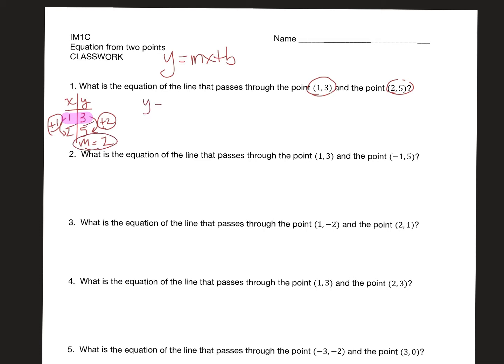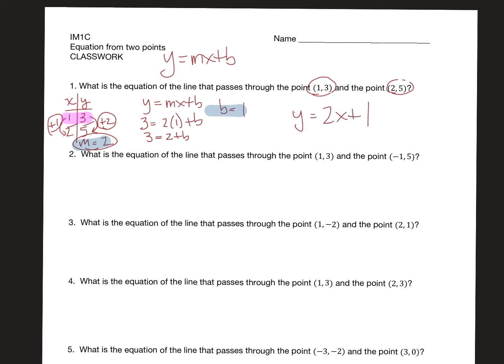So let's plug that stuff in and we'll figure out what b is. I have a y, an m that I just figured out, the x that I chose from the table, plus b. So this means that 3 equals 2 plus b. And you all know at that point that b is 1. So now that I have an m and a b, I can write the equation of the line. It is y equals mx plus b.